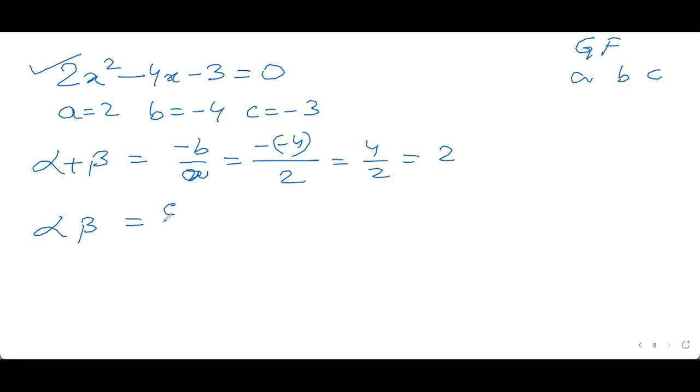Alpha into beta will be C by A. Now C is -3, A is 2, so -3 by 2. That is simple. Alpha plus beta is 2. Alpha multiplied by beta is -3 by 2.